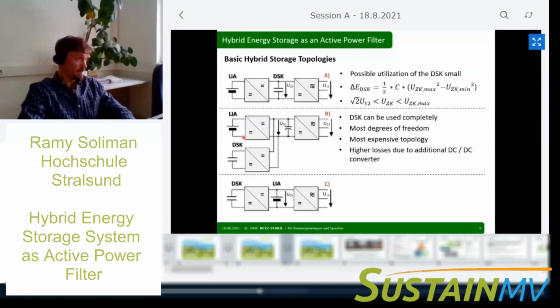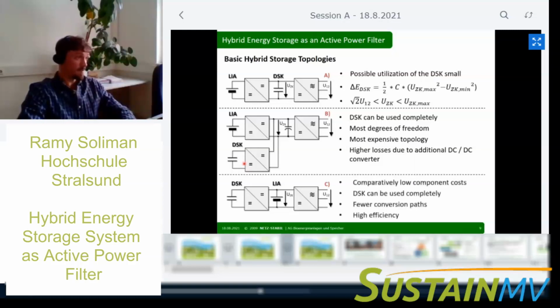So it's obviously the most expensive topology, because we have more parts, and we are expecting higher losses due to the additional DC-DC converter, because every time you convert something, you have losses.